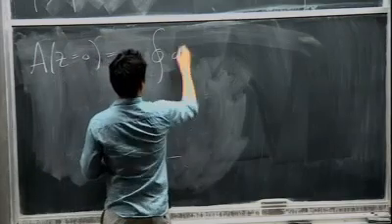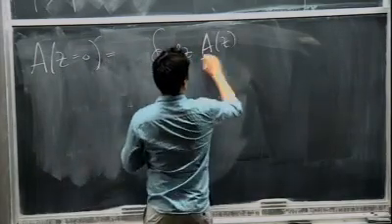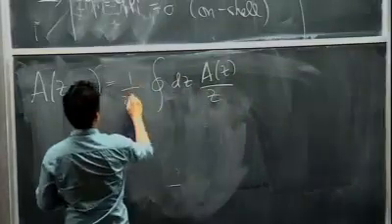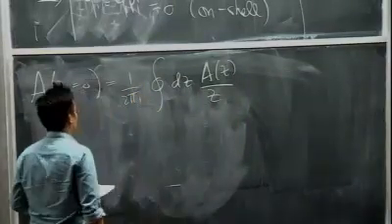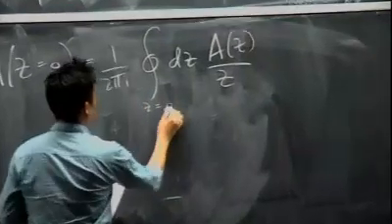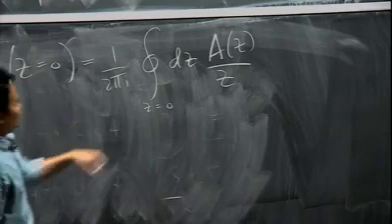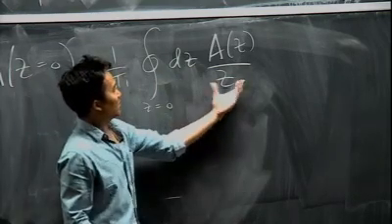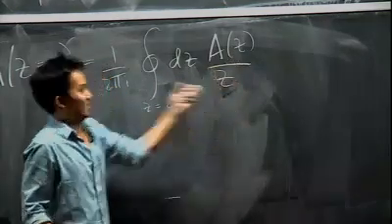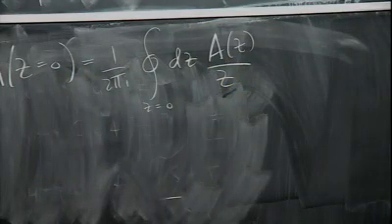I can just write this as the integral dz over 2 pi i of A of z over z, over a very specific contour encircling z equals 0. This is a massively trivial statement. I'm just saying do this contour around 0. It just picks up this pole, which sets A of z to A of z at 0. Total triviality.